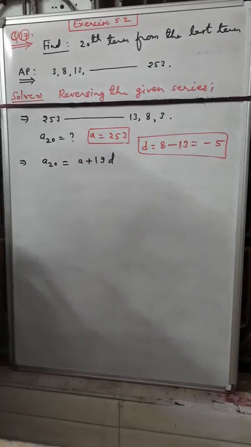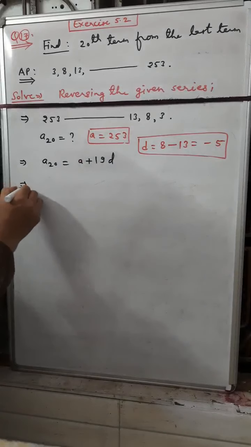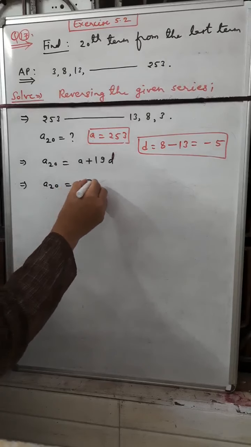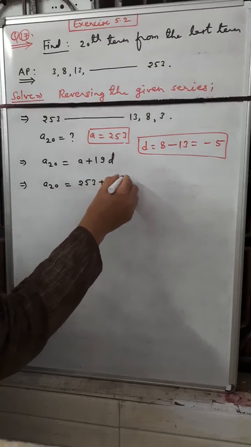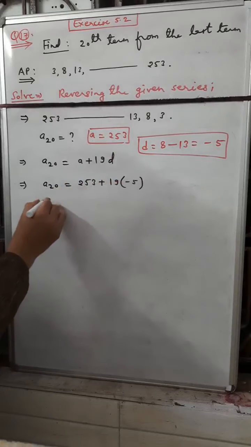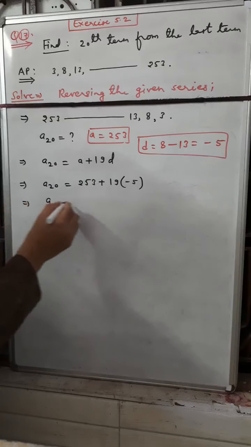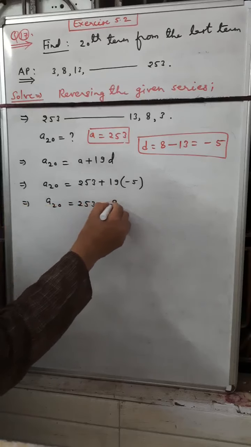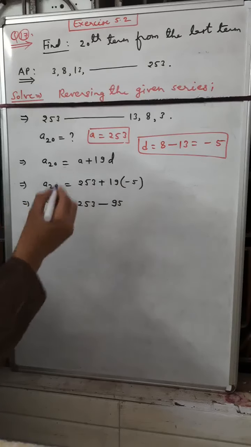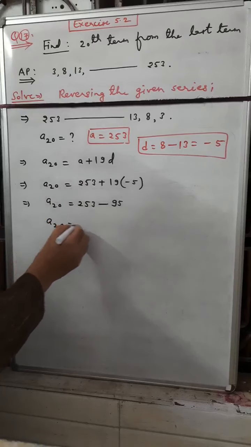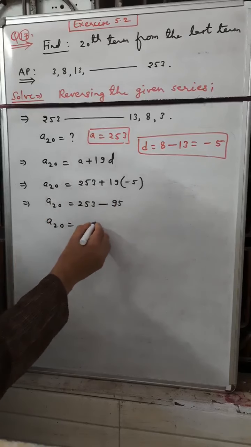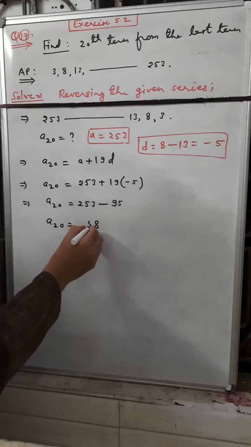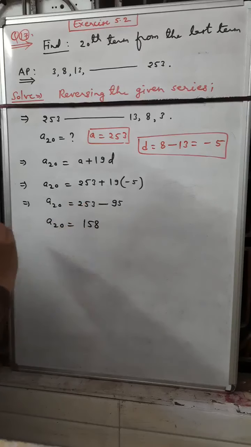So put the value here. A20 is equal to A, which is 253, plus 19 into D, which is minus 5. So A20 is equal to 253, 19 fives are 95, and plus into minus gives minus. So A20 is equal to 253 minus 95, which is 158.